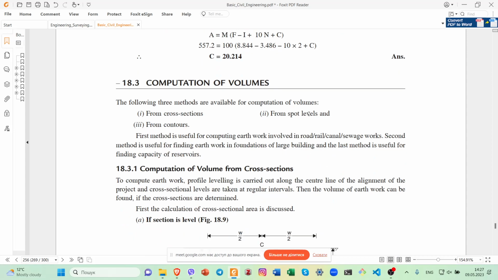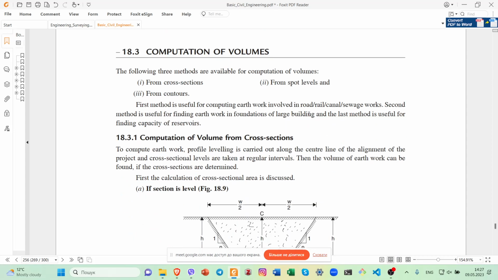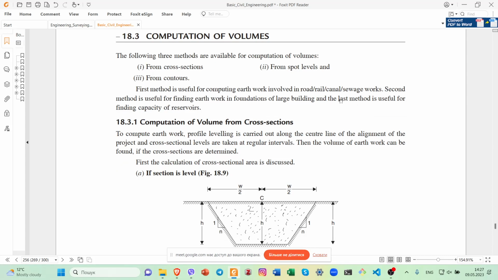Computation of volumes. The following three methods are available for computation of volumes: from cross-sections, from spot levels, and from contours.